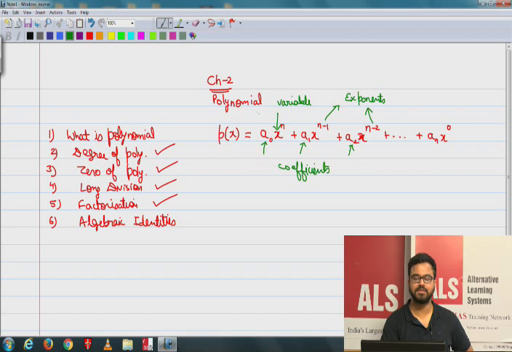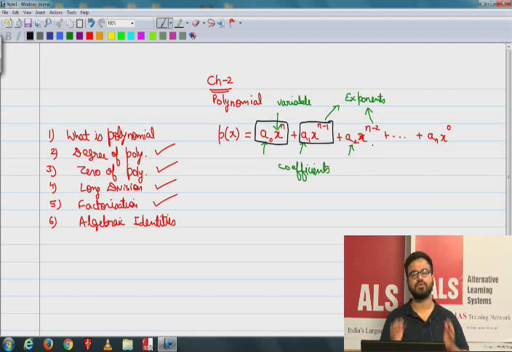Individually, a0 x^n is called one term, a1 x^(n-1) is called the second term, a2 x^(n-2) is called the third term. So these are a collection of terms separated by plus signs, and this collection of terms is known as a polynomial.